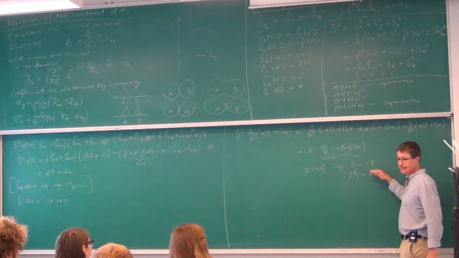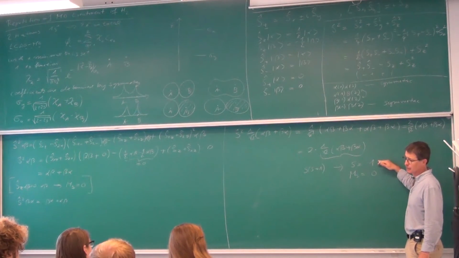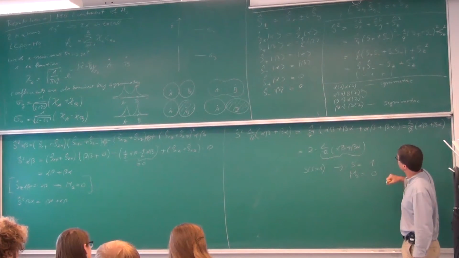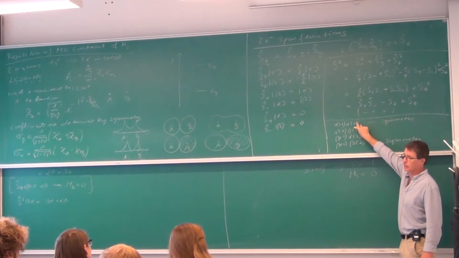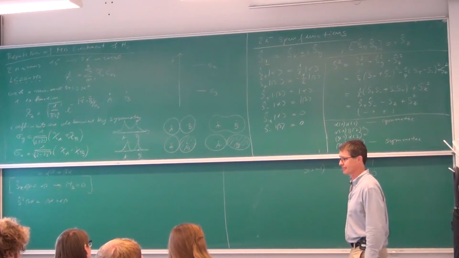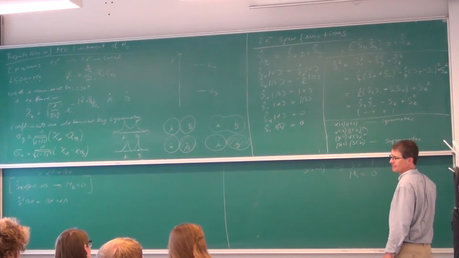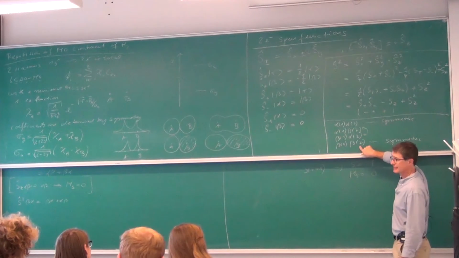Good. So this is the MS 0 component of S equals 1. What is this? Because that's an MS 1, and that's an MS minus 1.